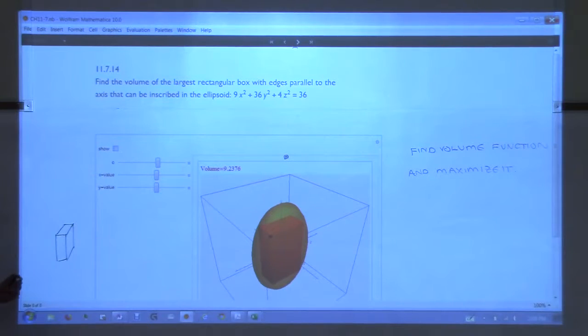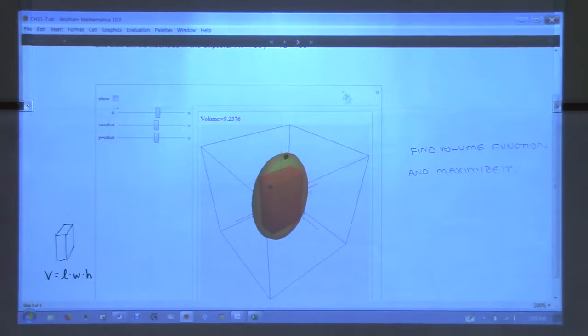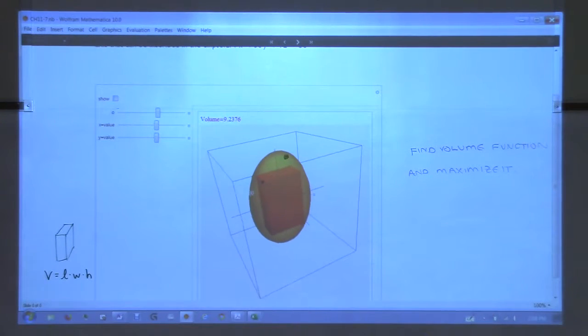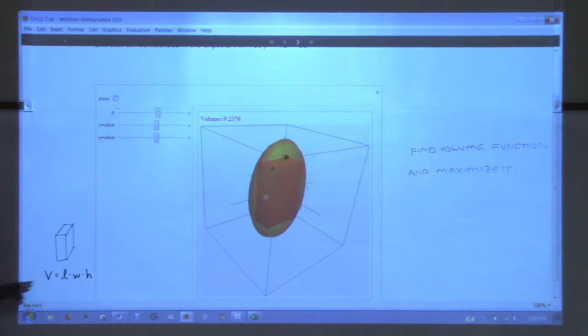So the volume of any sort of parallelepiped, that's what they're called, length times width times height. So maybe we can somehow look at this shape and figure out a way that we could determine the length times width times height. Right now, the volume depends on 3 different things, right? You'd have to give me a length and a width and a height for me to be able to tell you what the volume is.